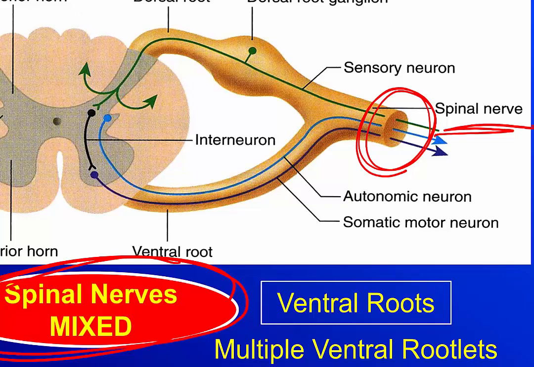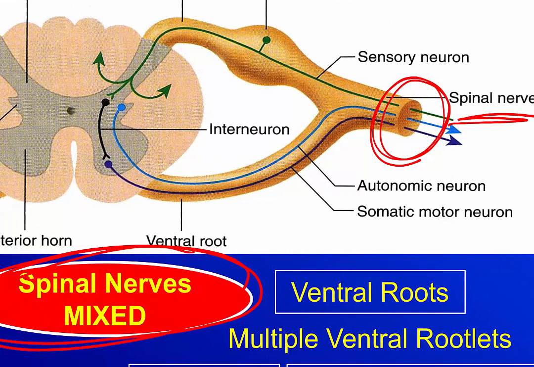Now I want you to notice that my motor, my outgoing information, I actually have two different cells, okay? Interneuron, this guy that connects everything, he is actually going to be in the gray matter. This blue cell that you see here, this blue neuron, notice that its cell body is in the lateral gray horn, okay?